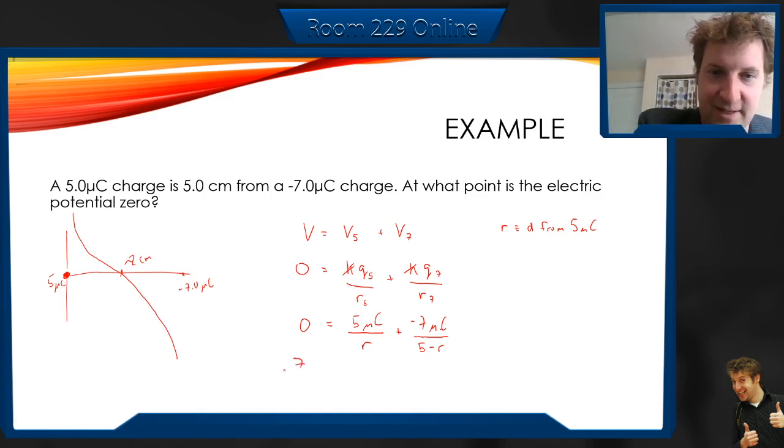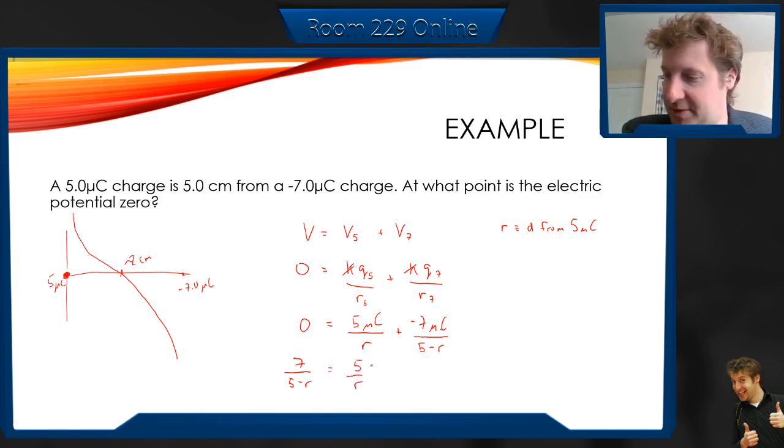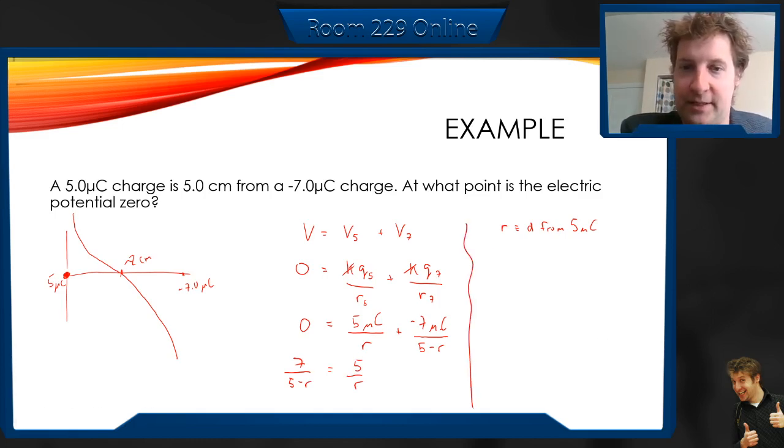All right, so 7 over 5 minus r equals 5 over r. Cross multiplying, I get 7r is equal to 25 minus 5r.